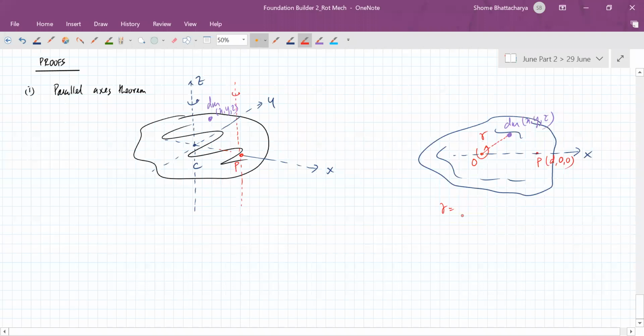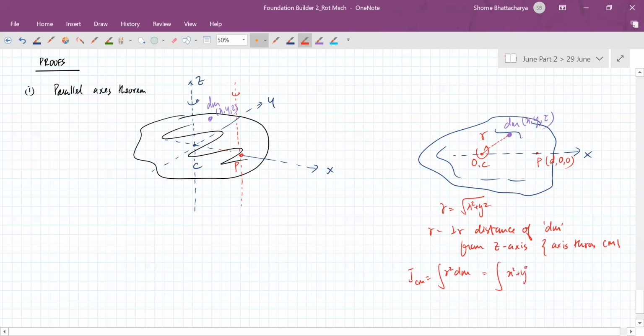So r is equal to the square root of x square plus y square, where r is the perpendicular distance of the particle dm from the z-axis, which is the axis through the center of mass, because the center of mass is where my origin is. So the moment of inertia about the center of mass axis is the integration of r square dm, that is, the integration of x square plus y square dm. This is my first equation.